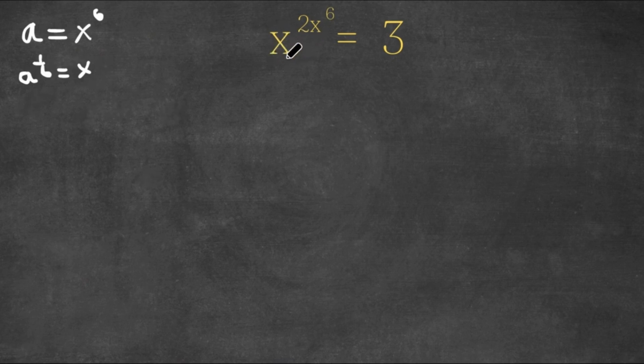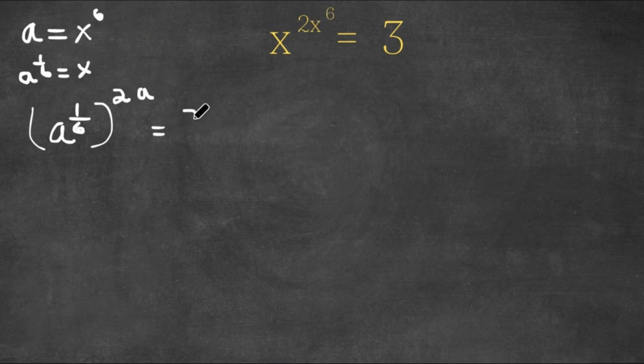So I'm actually going to plug in a to the power of 1 over 6 for x here. So we have a to the power of 1 over 6 to the power of 2a, because remember, a is equal to x to the power of 6. And now this is equal to 3.